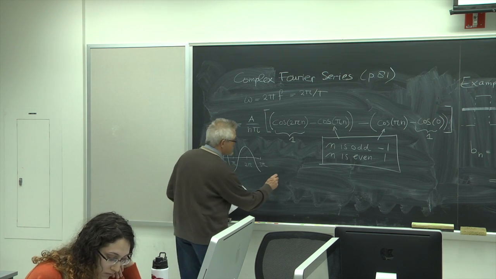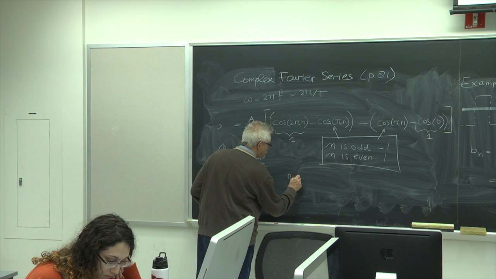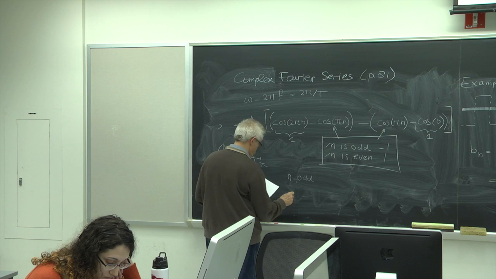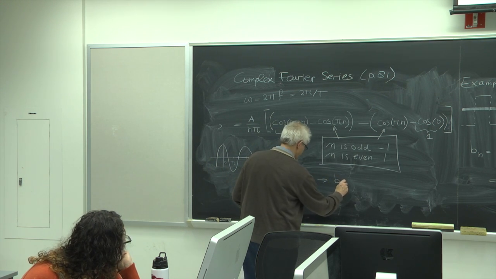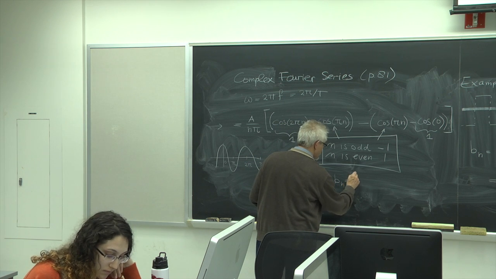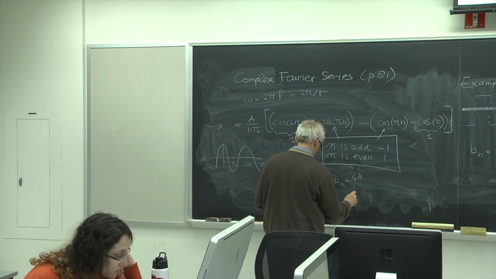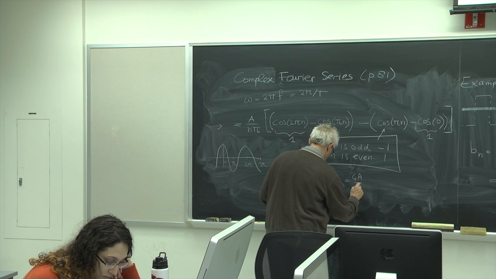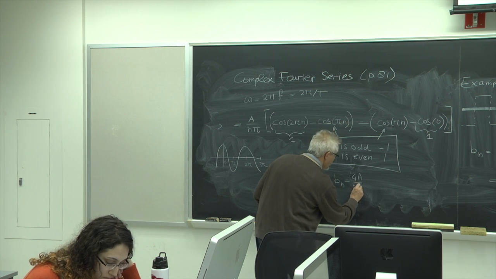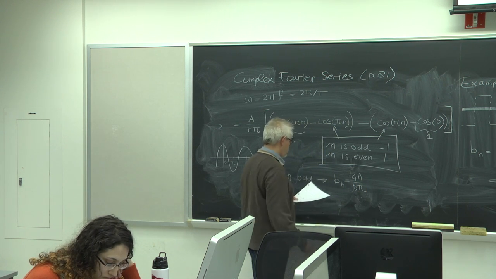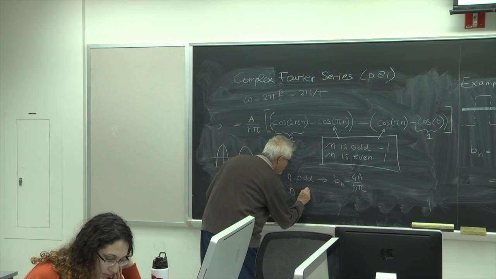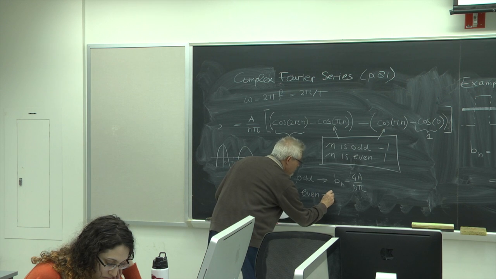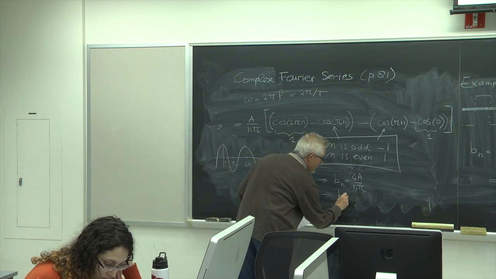If n is odd, we will get Bn is 4A divided by n pi, and if n is even, these terms cancel.